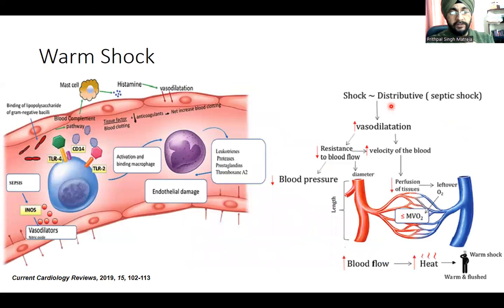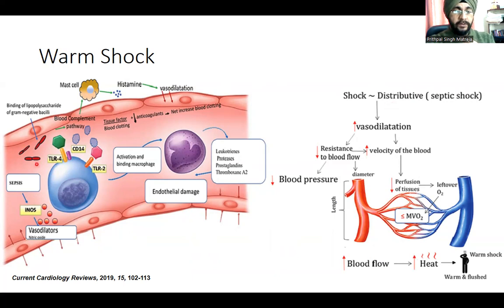And for warm shock, they say that there is a rise in systemic vascular resistance, which is due to vasodilatory phenomena, basically arterial vasodilatation. This vasodilatation leads to a rise in blood flow, leading to an increase in heat production, and this is labeled as warm shock.